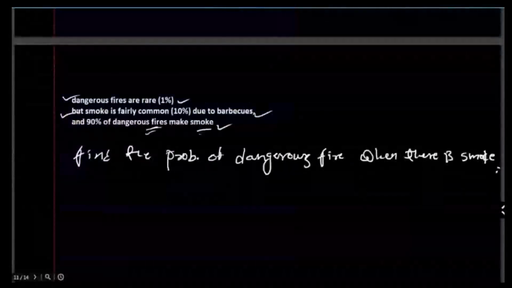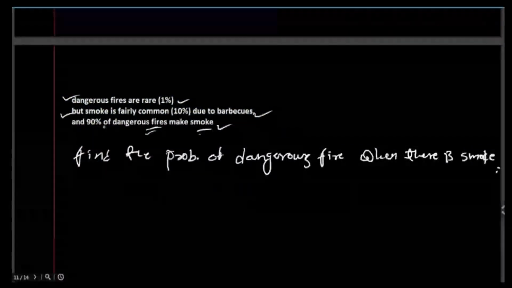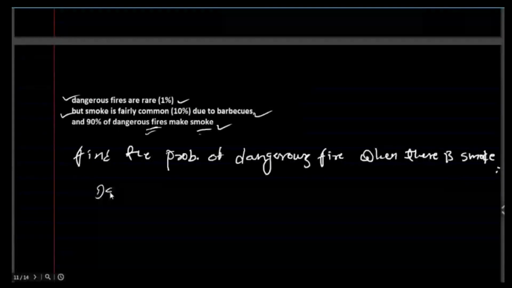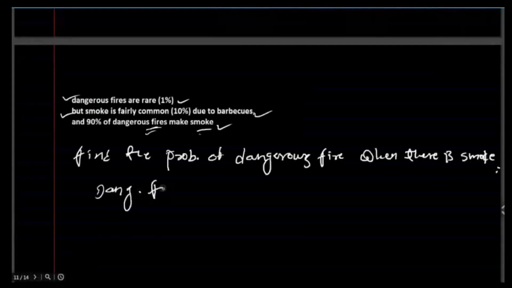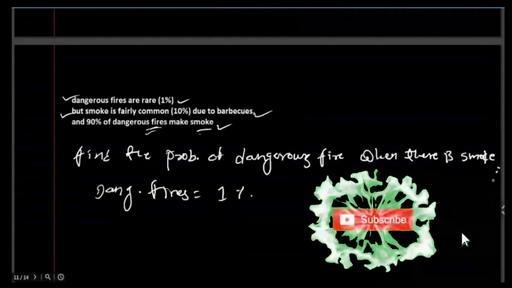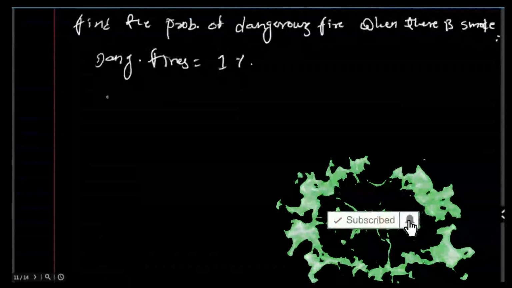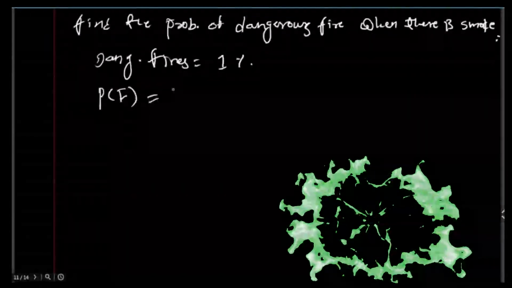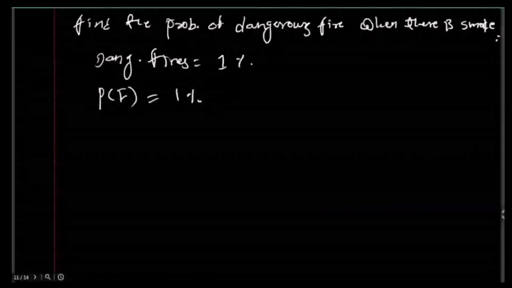In the first example it is given that dangerous fires are 1%. We will write this in terms of probability: the probability of dangerous fire is equal to 1%.